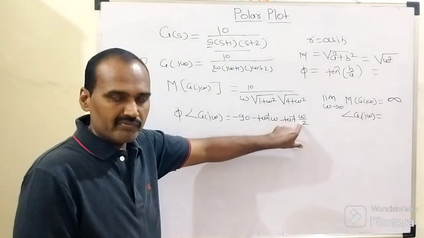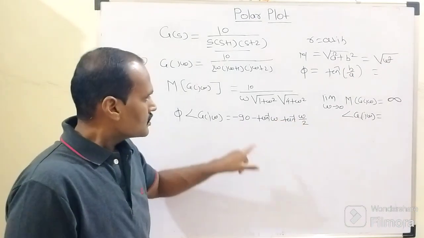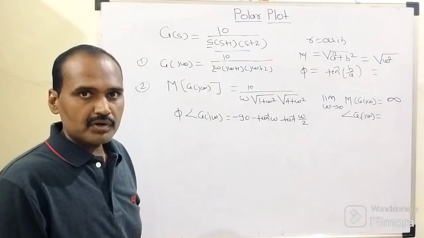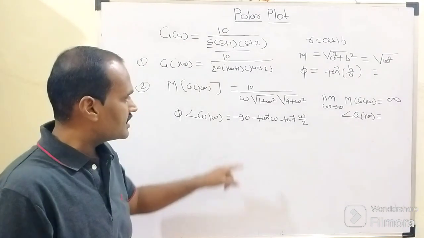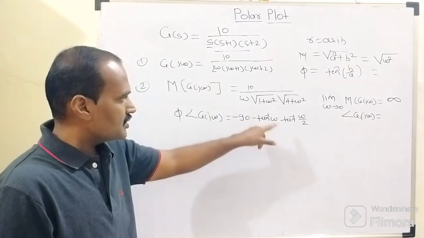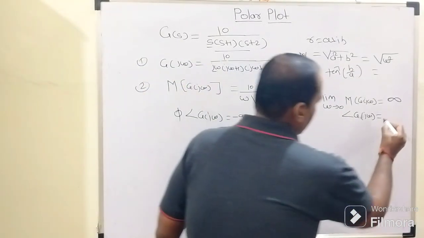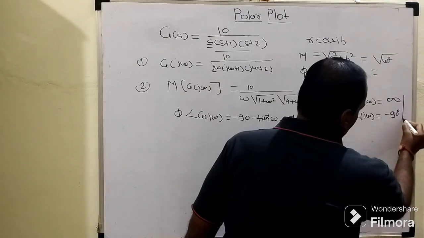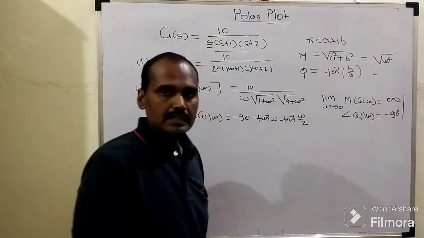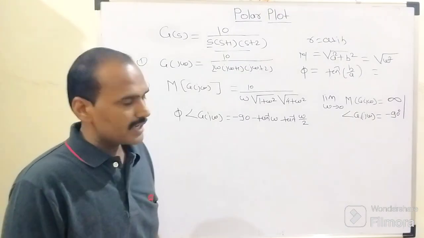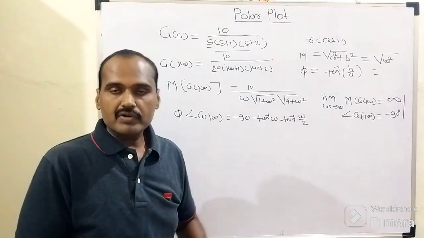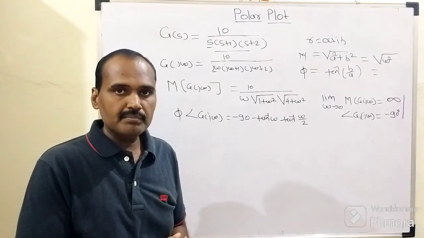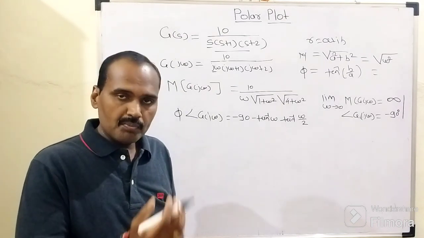Again 0 by 2, obviously 0. So the phase angle for this given control system is how much? Minus 90 minus 0 minus 0, so minus 90 degrees. Right. This will be the magnitude and the phase angle for this given unity gain feedback control system where omega equals 0.